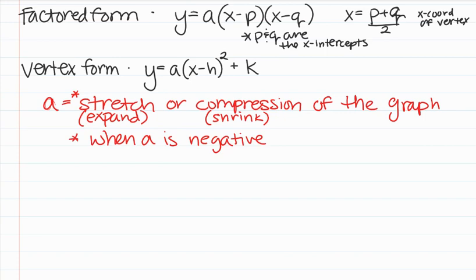So when a is negative, the graph reflects. It looks like this. If a is positive, it's a U shape.